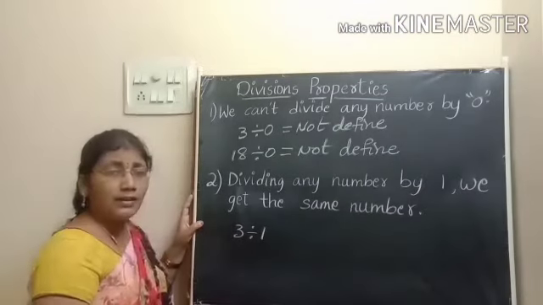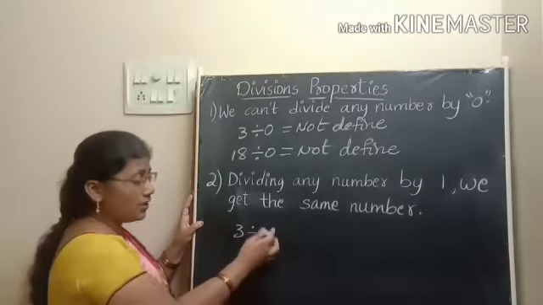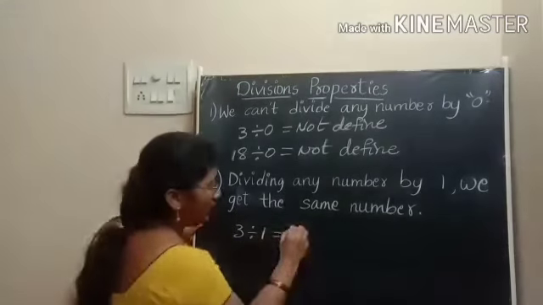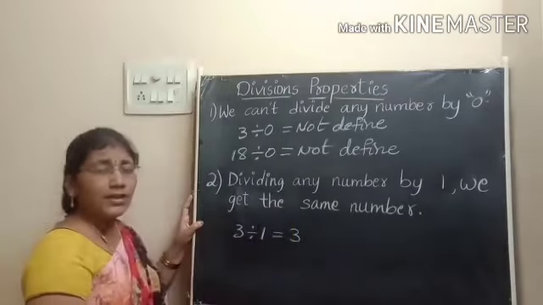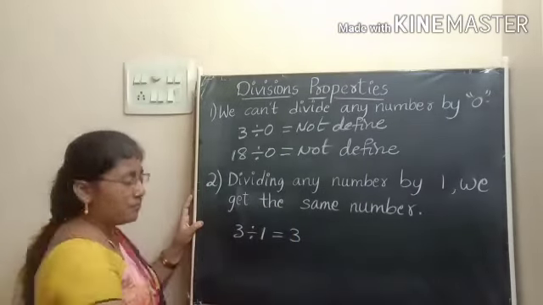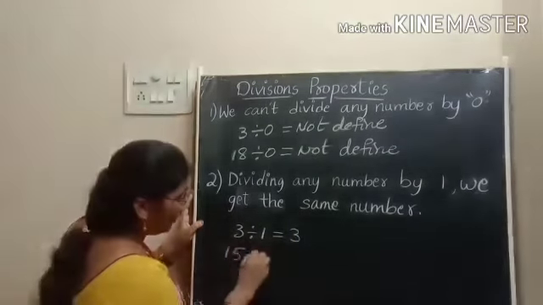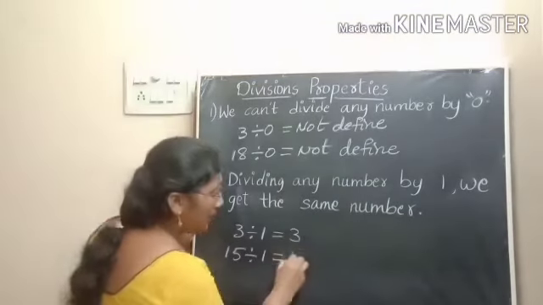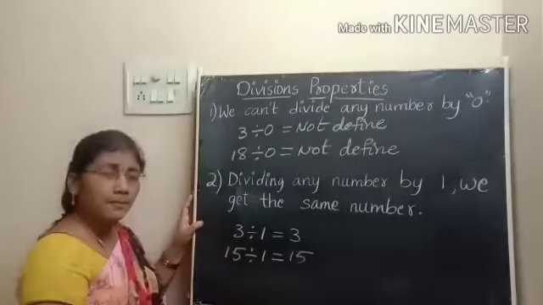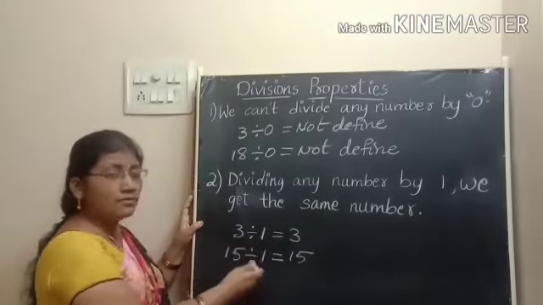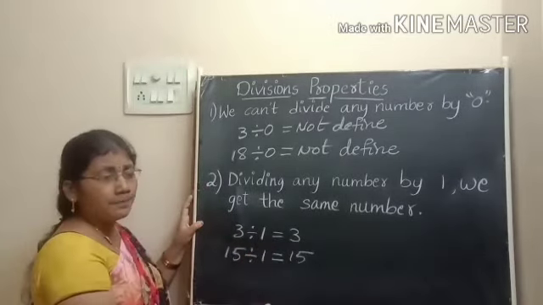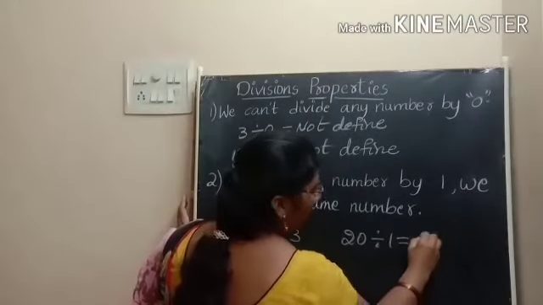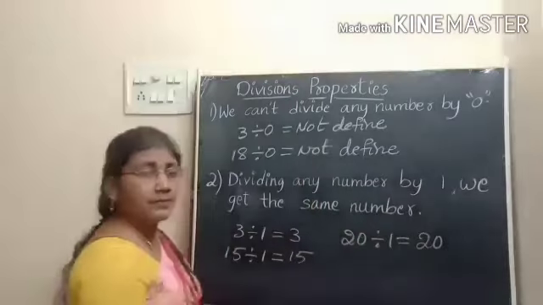Now we take the one table up to 3 steps, so this is nothing but 3 only. 15 divided by 1 gives the same number, 15. 20 divided by 1 is 20.